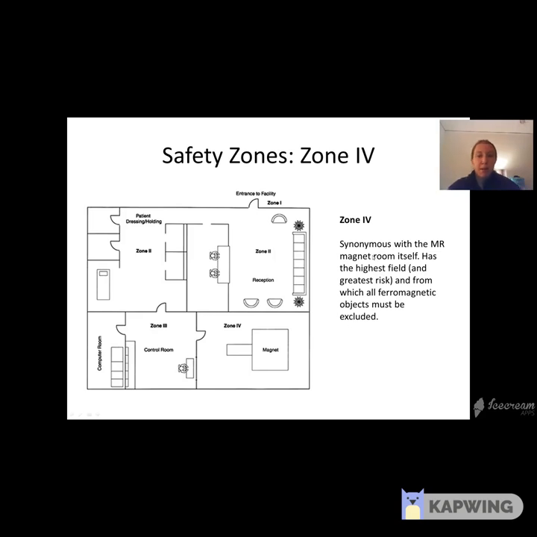And then Zone 4 is synonymous with the MR magnet room itself, and it has the highest field and the greatest risk, and from which all ferromagnetic objects must be excluded. So don't walk in there with your cell phone, it'll erase your credit card.